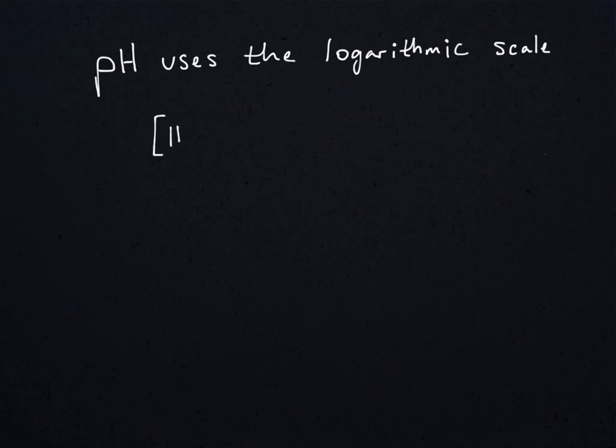We can say the concentration of H3O plus, and remember, whenever we put brackets around something, it represents concentration, is equal to 10 raised to the negative pH.